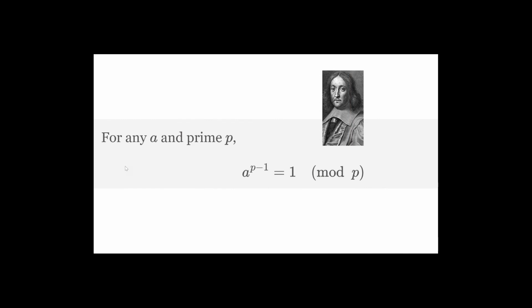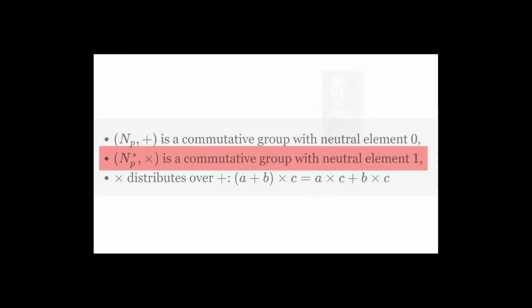So we know that in a discussion about finite fields, we saw that Fp is a field if p is a prime number. And the definition of the field is that Fp star is a multiplicative group.